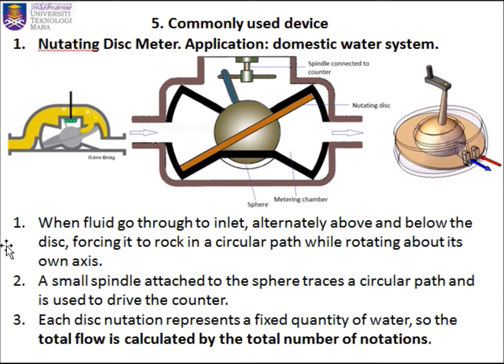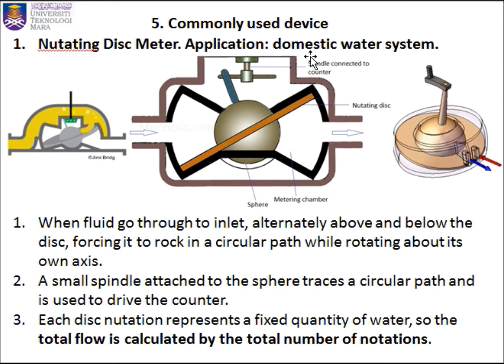These are examples of a rotating disk meter. As you can see here, the brown color is the rotating disc. The grey color is the rotating disc. The yellow color is the water.